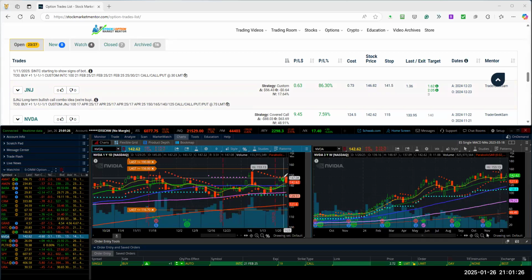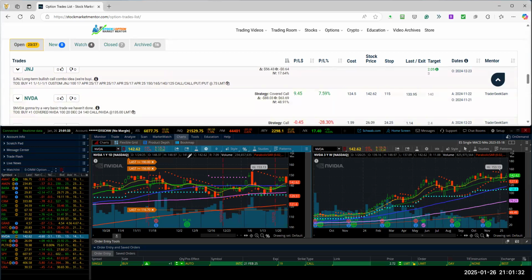NVIDIA will definitely be hit tomorrow. We have our covered call on here. I closed at 142. Wouldn't be surprised to see this down $4 or $5 tomorrow if the market opens weak, as I expect it to, based on this AI news out of China.